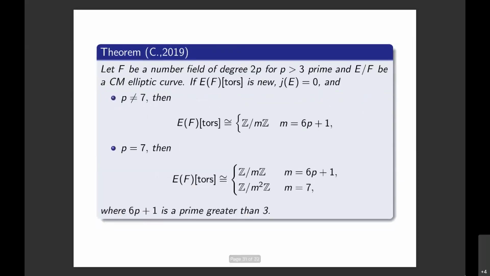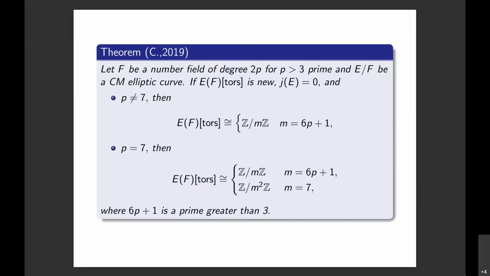And then the last piece, my problem child, was the j-invariant 0. So we're going to split that into two cases. As long as p is not 7, then the torsion subgroup is going to be isomorphic to Z mod MZ, where M is 6p plus 1. Again, we need 6p plus 1 to be prime.